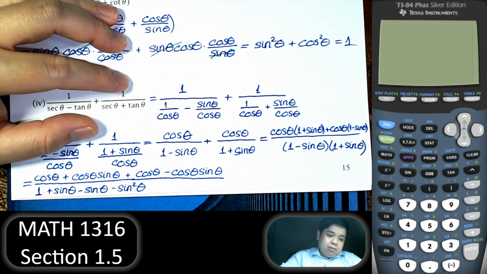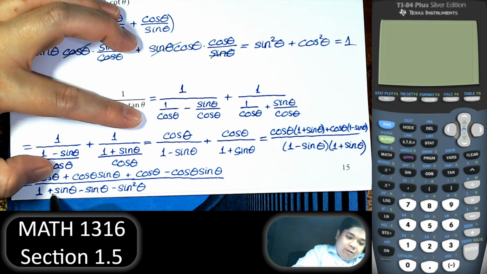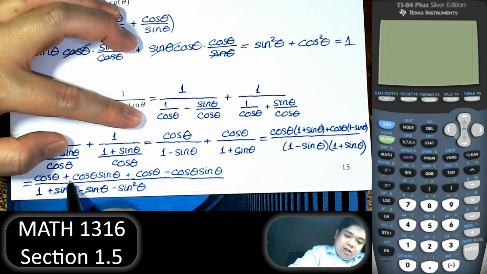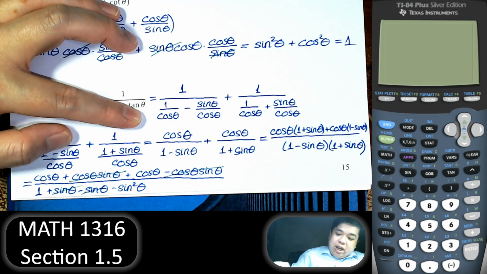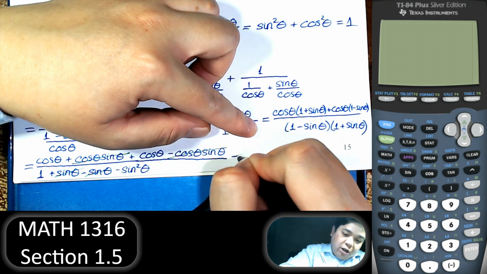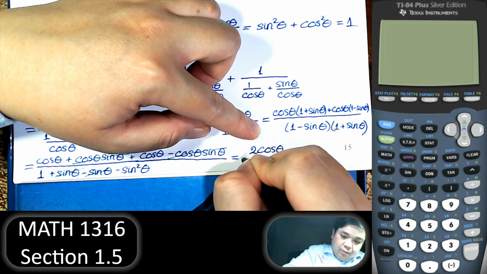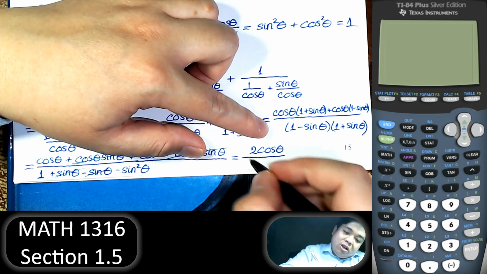Right. We have sine cancel out. Those cancel out. And cosine plus cosine, there will be 2 cosine on the top. And here we have 1 minus sine square.